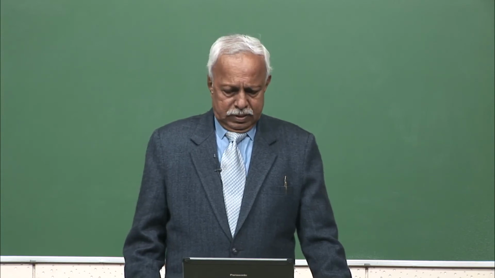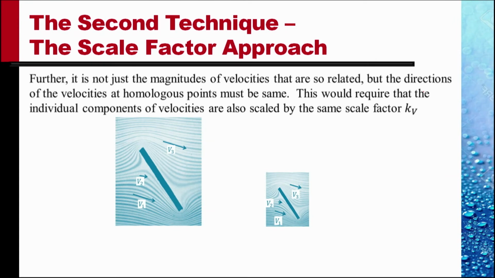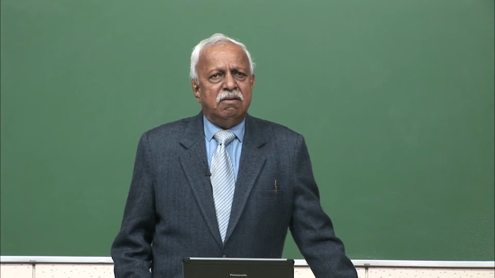In this picture, not only is the velocity V3 in the prototype related to the velocity V3 in the model at the homologous point, but also the directions of the velocity are exactly the same. This means the components of velocities in the two pictures are related by the same scale factor Kv.